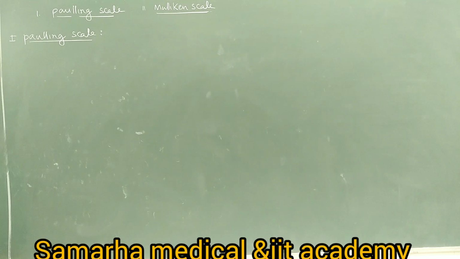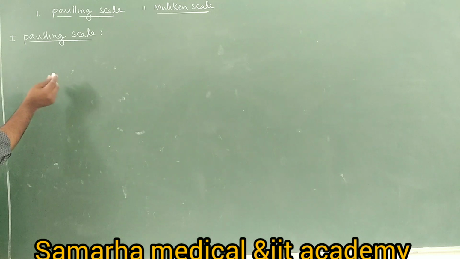This method is based on bond energies, and to calculate the electronegativities of other elements, Pauling has taken hydrogen as a standard. Its electronegativity is how much? 2.1. Okay.